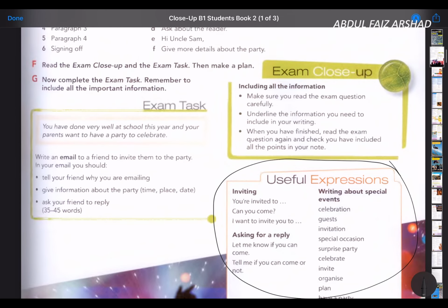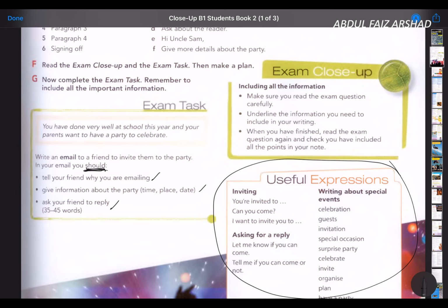And then this is your task. Write an email to a friend to invite them to the party. In your email, you need to have this. Tell your friend why you are writing to them. Give them information about the party. Ask your friend to reply.